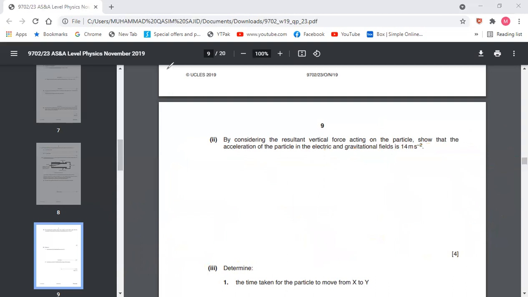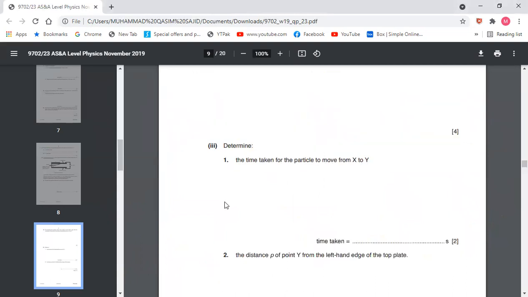So in the next part, we have to determine the time taken for a particle to move from X to Y. The equation is s equals ut plus half at square.